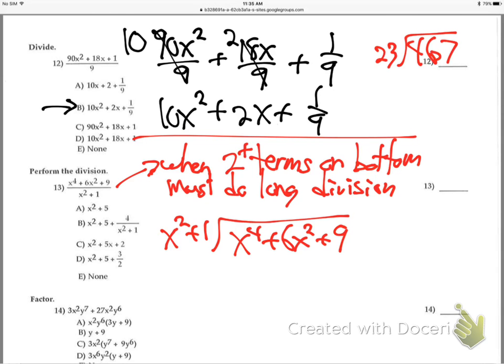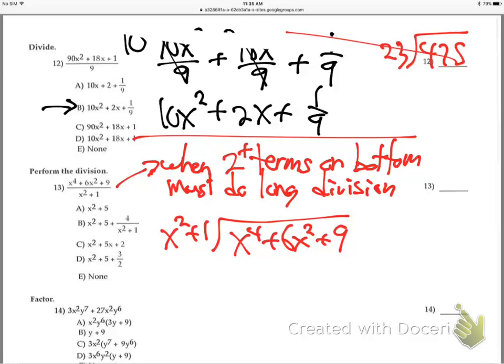How would you think about numbers? What would you do to long divide numbers? You would say, look, 2 goes into 4 2 times. Well, no, that's not right. 23 goes into 46. Well, that's not true. All right. 23 into 475. 23 doesn't go into 47, but you would still do 2.